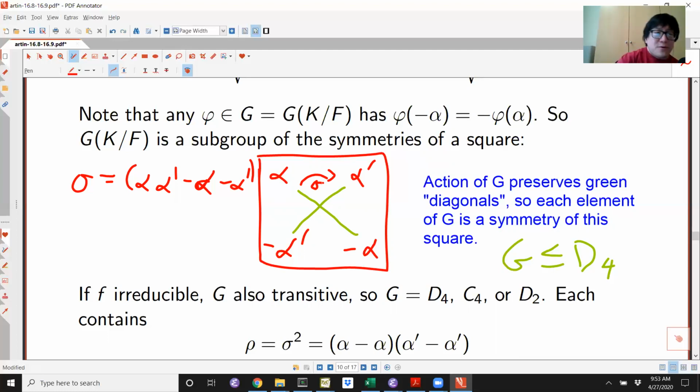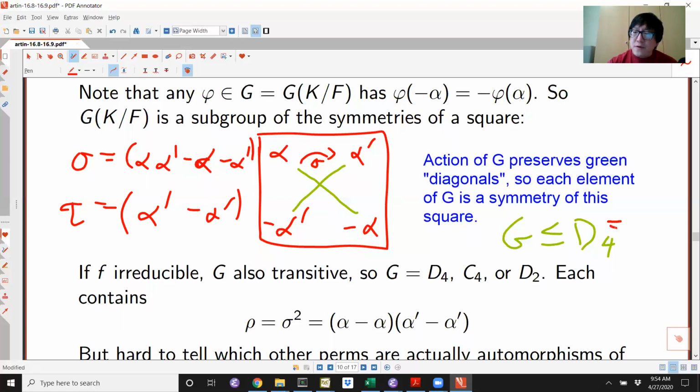All right, and tau is the permutation in Artin's notation that switches just alpha prime and minus alpha prime. Okay, well, that tau looks terrible. All right, there, that's a better tau.